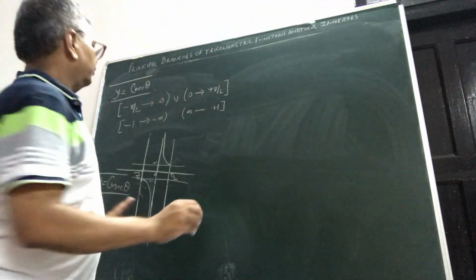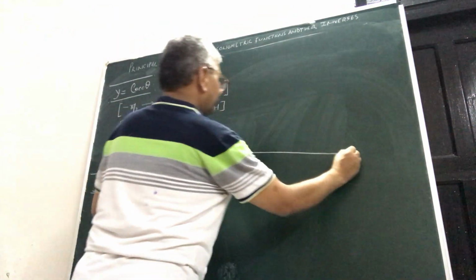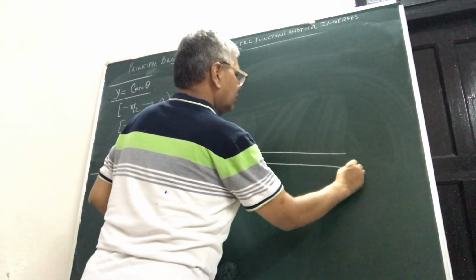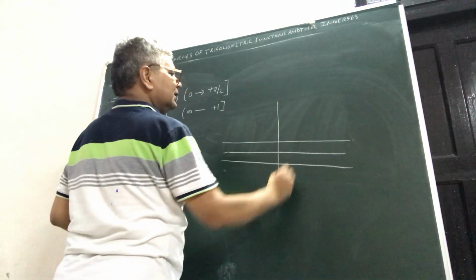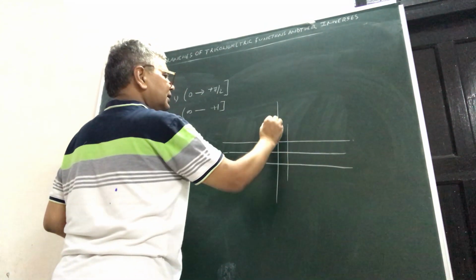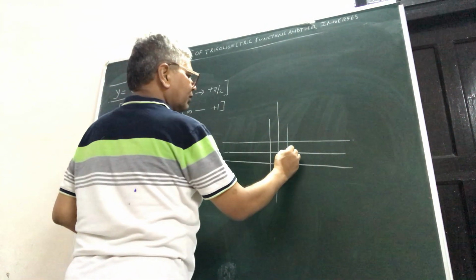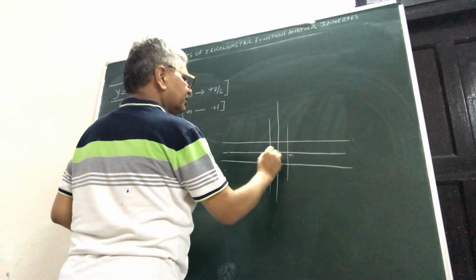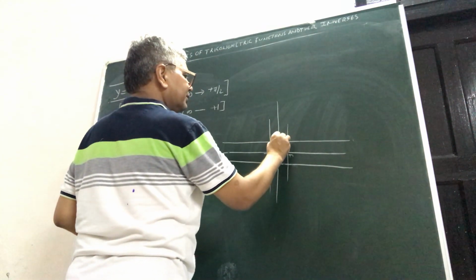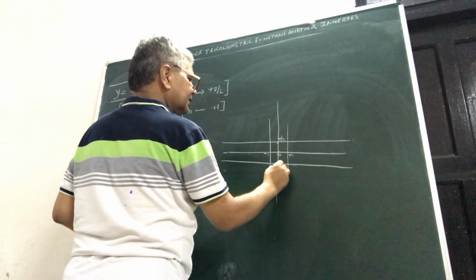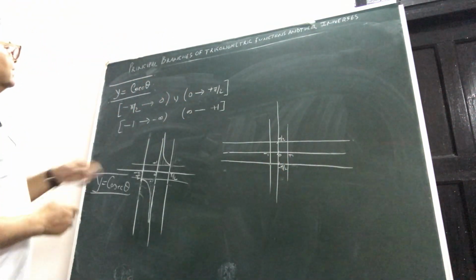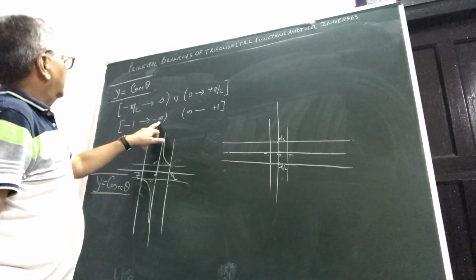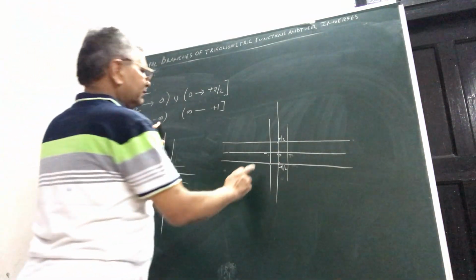So now, how you will draw it for y is equal to cosec inverse x. Instead of vertical lines, now you please draw this, and then one line here for plus 1 and the other line for minus 1. This is your 0, this is minus 1, this is pi by 2 and this is minus pi by 2. So please see what the value is, minus 1 to minus infinity, like this.